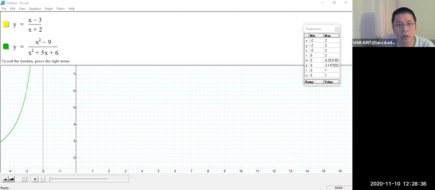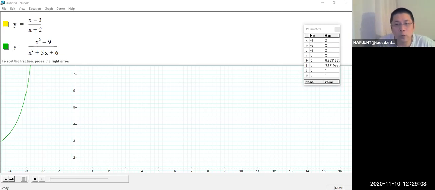The domain here will be all real numbers except -2 and -3. So not only do we see that they are the same except at that one point, we also see what happened at that point. What happened at that point is it becomes a hole.